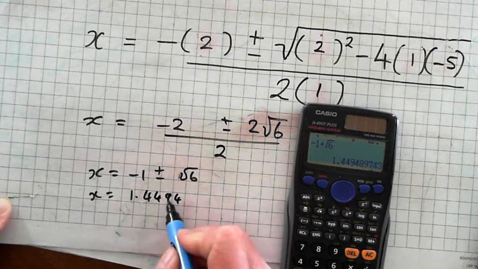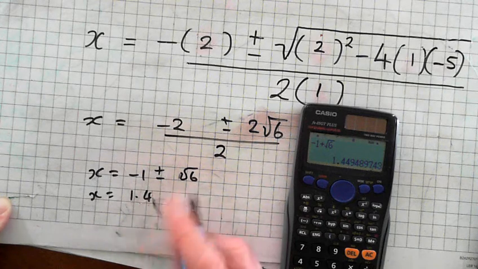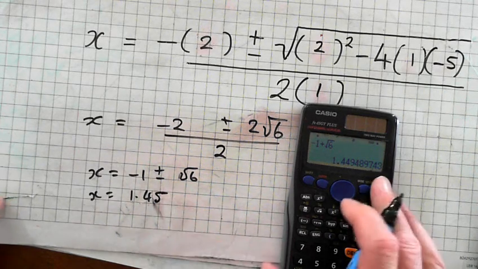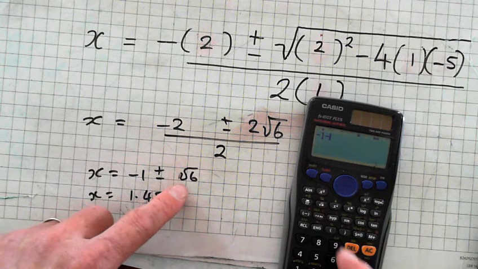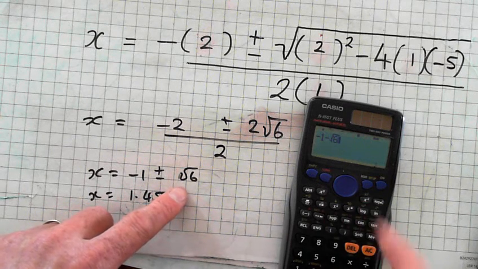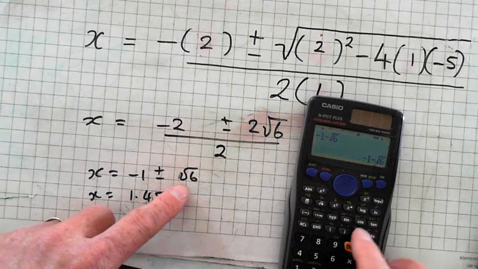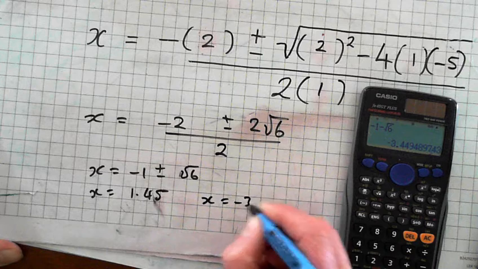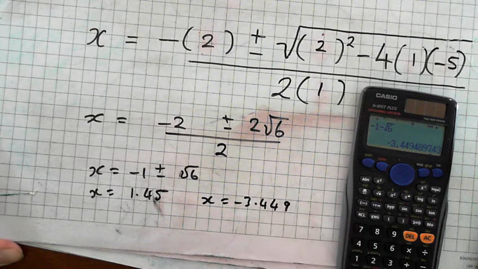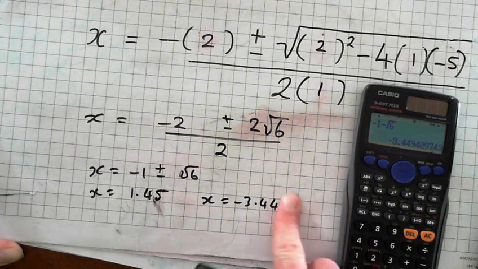To 2 decimal places, the 9 will change a 4 to a 5. The other answer is minus 1 minus root 6 equals, press SD, minus 3.449. To 2 decimal places, the 9 changes the 4 to a 5.